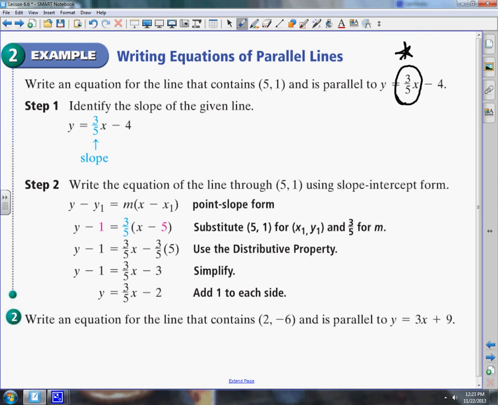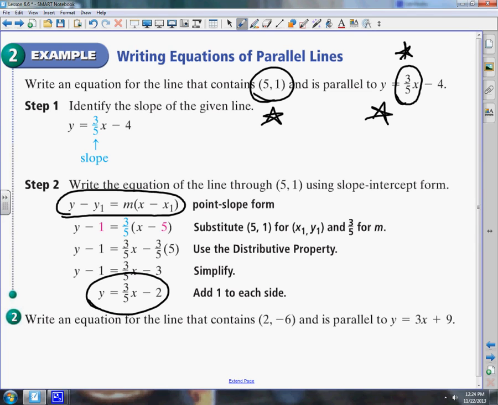So you're going to use point-slope form right here, and you're going to put in this point and that slope. So they put in this point, y minus 1 equals 3/5 times x minus 5. Then they solved this, and they got this equation, y equals 3/5 x minus 2.